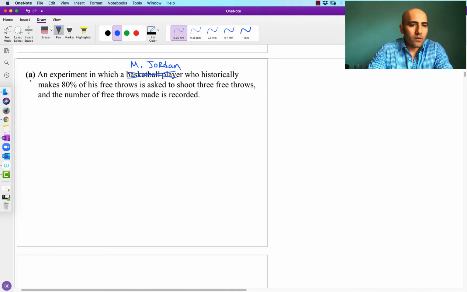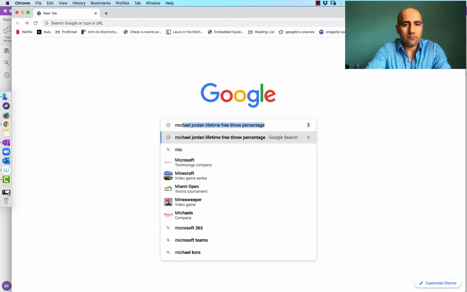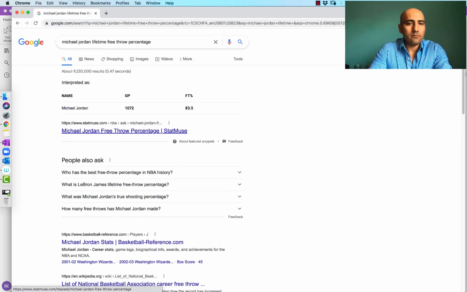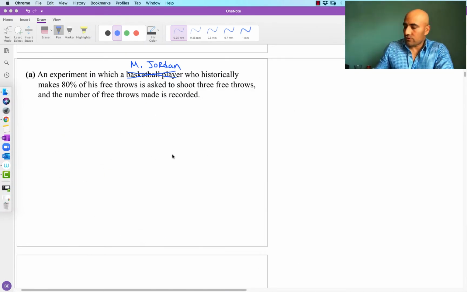Let's look him up. Okay, so just a quick little look here. Looks like he had about an 83.5% lifetime free throw average. Let's just round that to 84, just to have a nice round number, so that this doesn't come out too crazy.